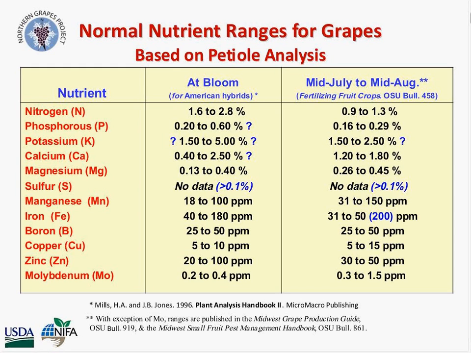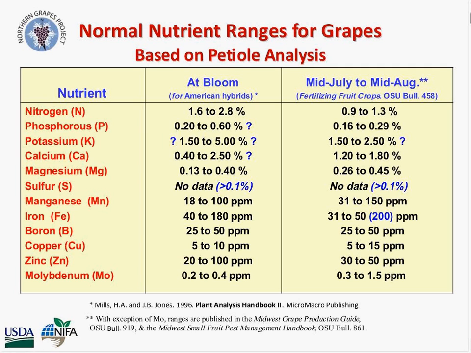So that's the question mark there. Sulfur, most ranges say no data, and that's one of the reasons is that sulfur has been used as a fungicide on grapes for a number of years, and in many areas is still being used. And so both Carl and I kind of agree that if we have over 0.1%, we consider it adequate.